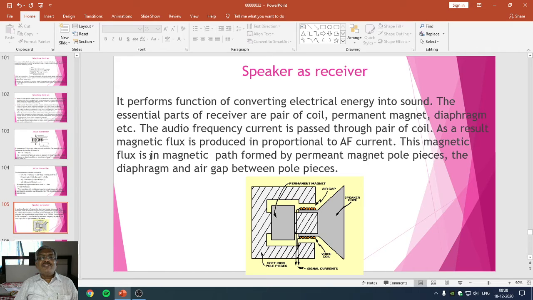This magnetic flux is in the magnetic path formed by the permanent magnet, pole pieces, the diaphragm, and the air gap between the pole pieces.